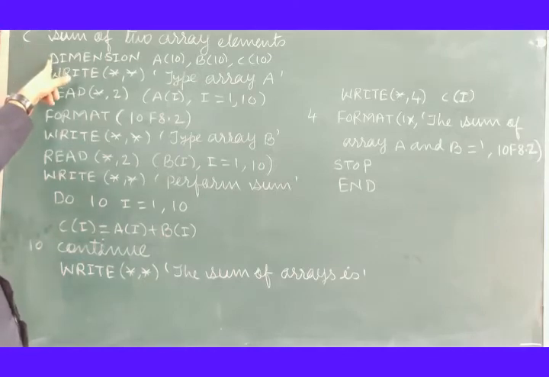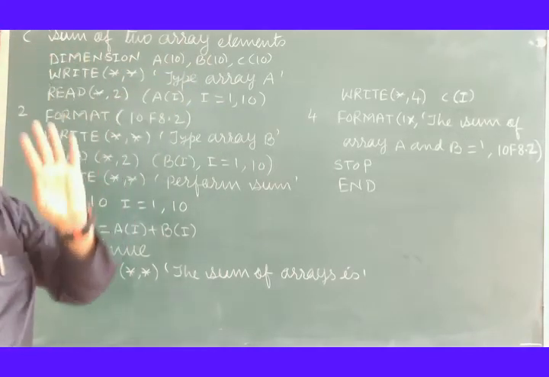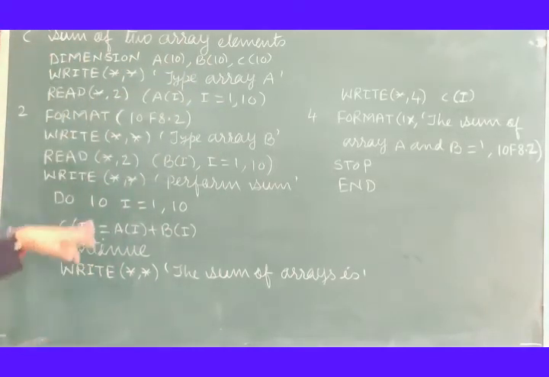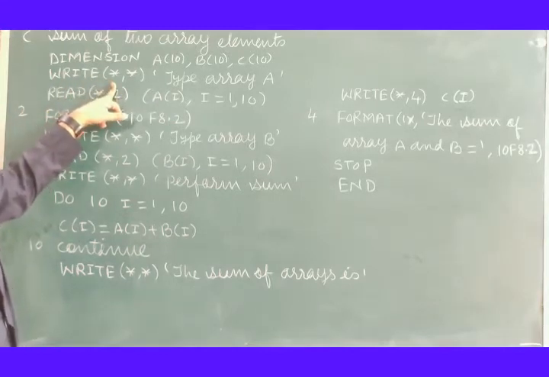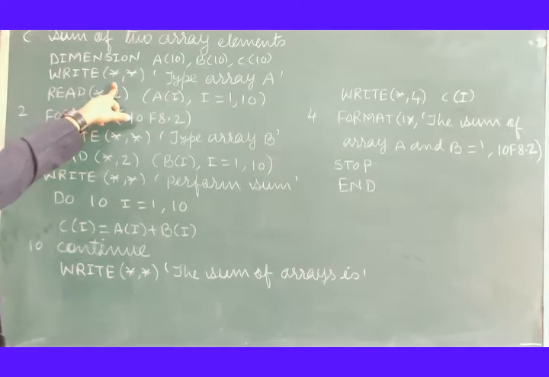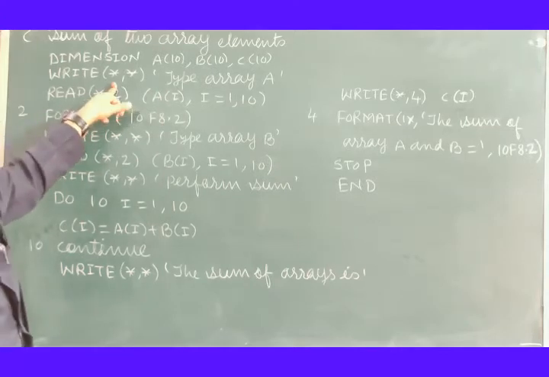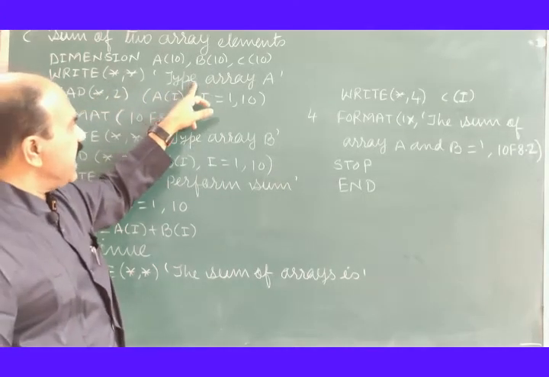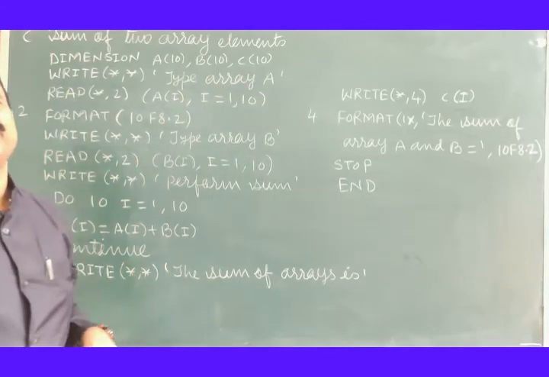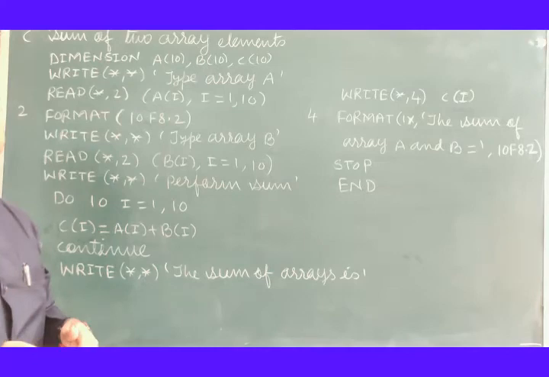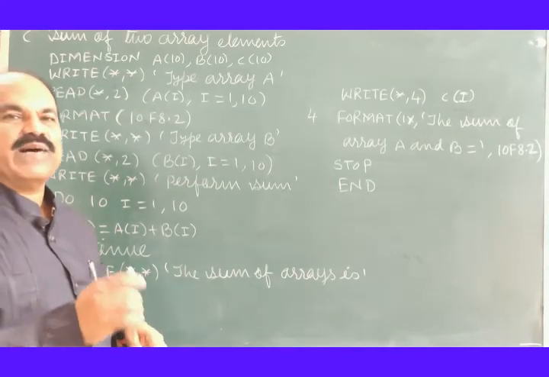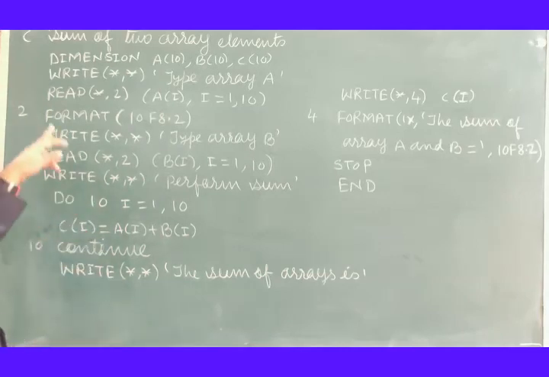This is the comment line, sum of two array elements. After that, write in the bracket asterisk comma asterisk, with a comment: type array A, or input elements of array A, or enter elements of array A. Here we use implied do loop.